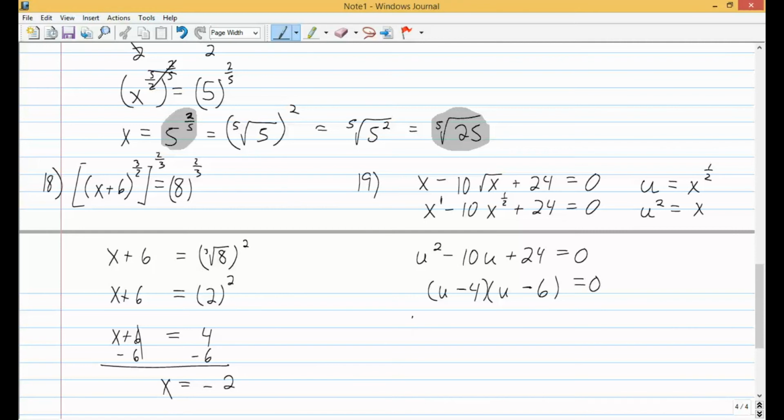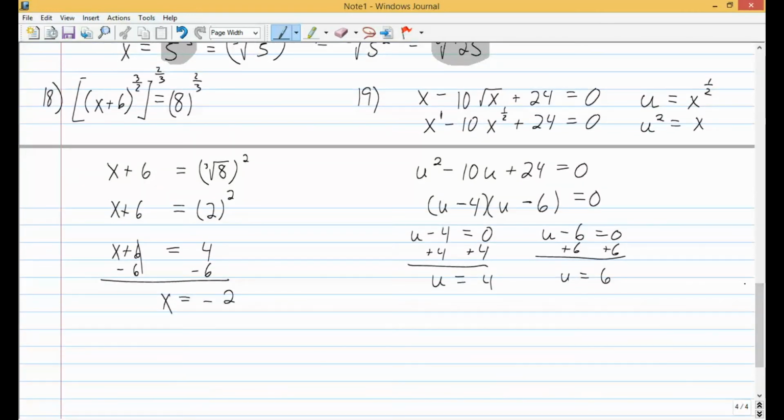So when you know that's factored correctly, you can set your two factors equal to 0. So I got u equals 4 and u equals 6.